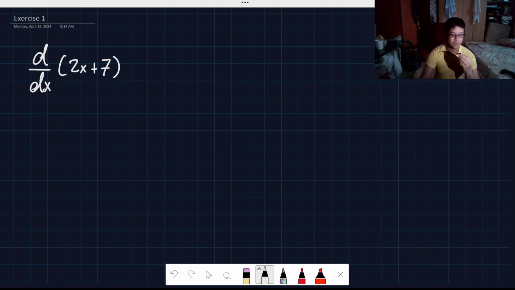First and foremost, let's apply one rule of differentiation, which is the sum and difference rule.